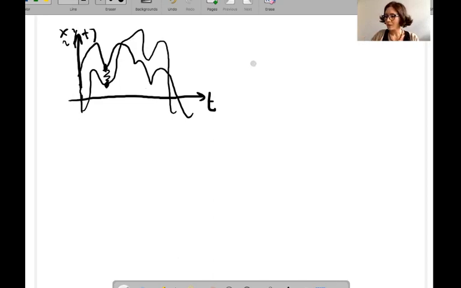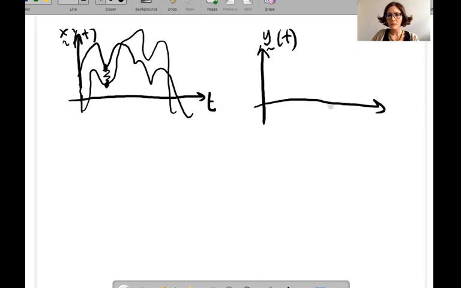Then we will have another random process y of t in addition to x of t. Now the first definition we need to make is when we can call two random processes independent. Here is another realization for y of t.